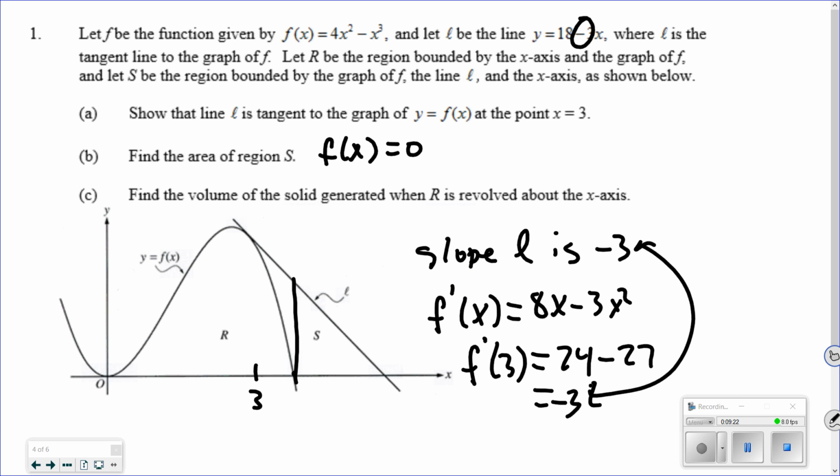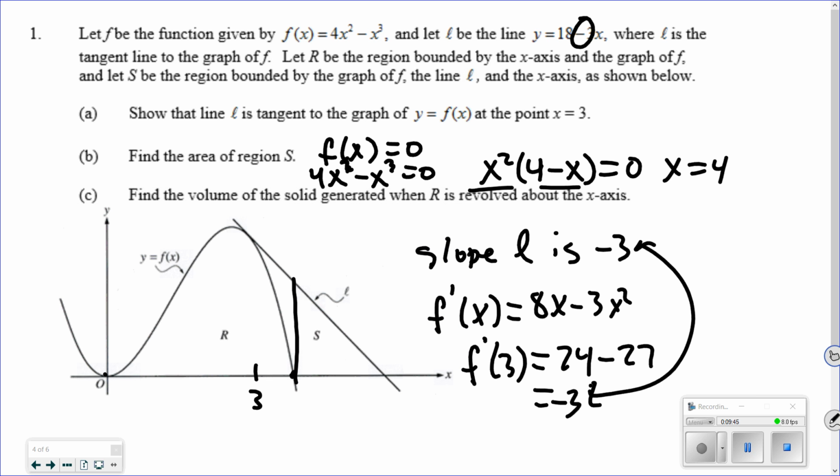So I'm going to take 4x squared minus x cubed equals 0. You can factor out an x squared times (4 minus x) equals 0. So it's equal to 0 at 0. That's that point right there. And it's equal to 0 at 4. That's the one we're looking for, right there.